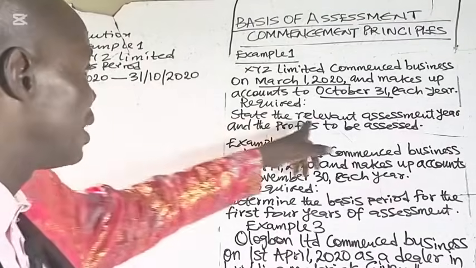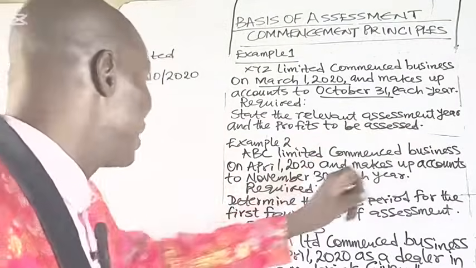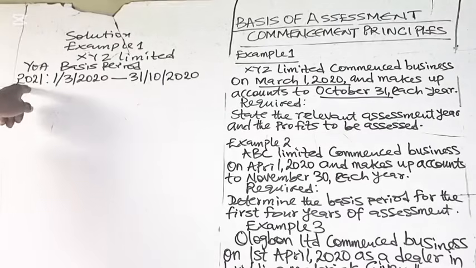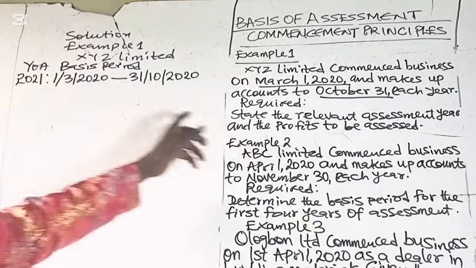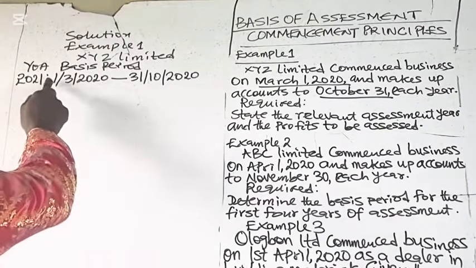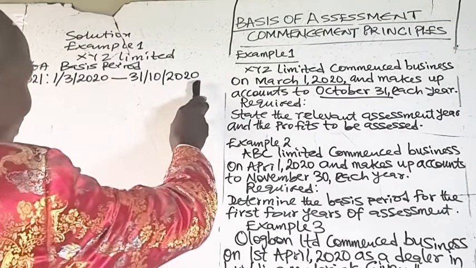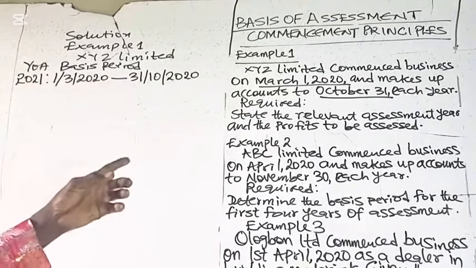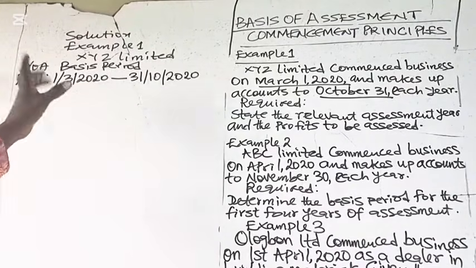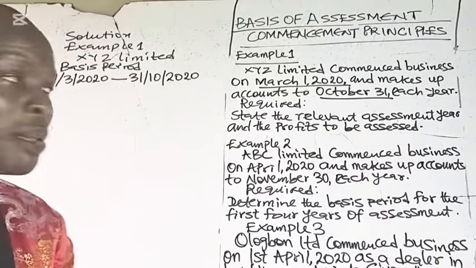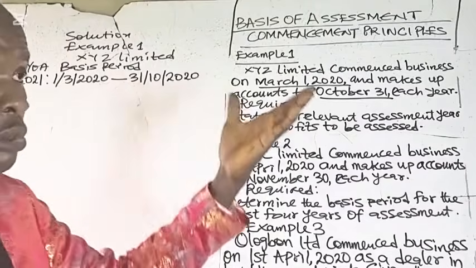The relevant year of assessment is year 2021. And the profit to be assessed should be the profit from 1st of March 2020 to 31st of October 2020. You can see that this basis period is abnormal. It is abnormal because that basis period is not up to 12 months.